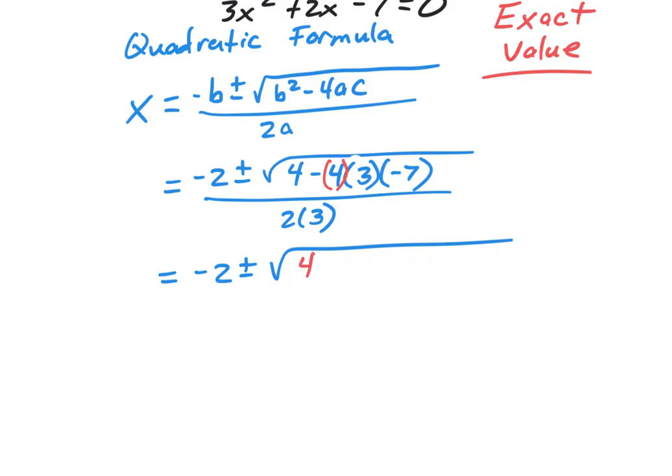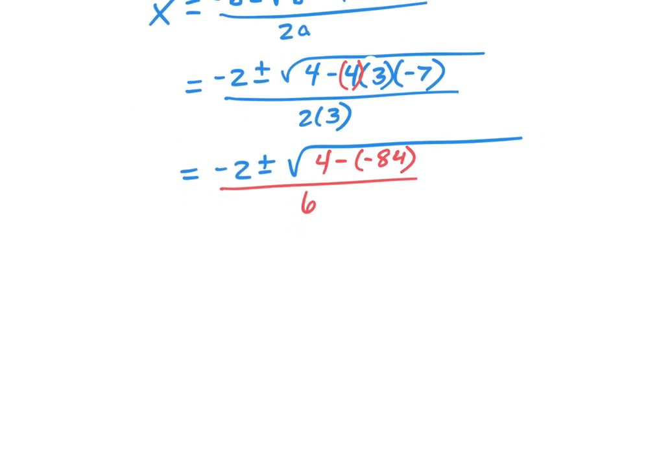This would become 4 minus negative 84, all over 6. 4 minus negative 84 is really 4 plus 84, which is 88, all over 6.